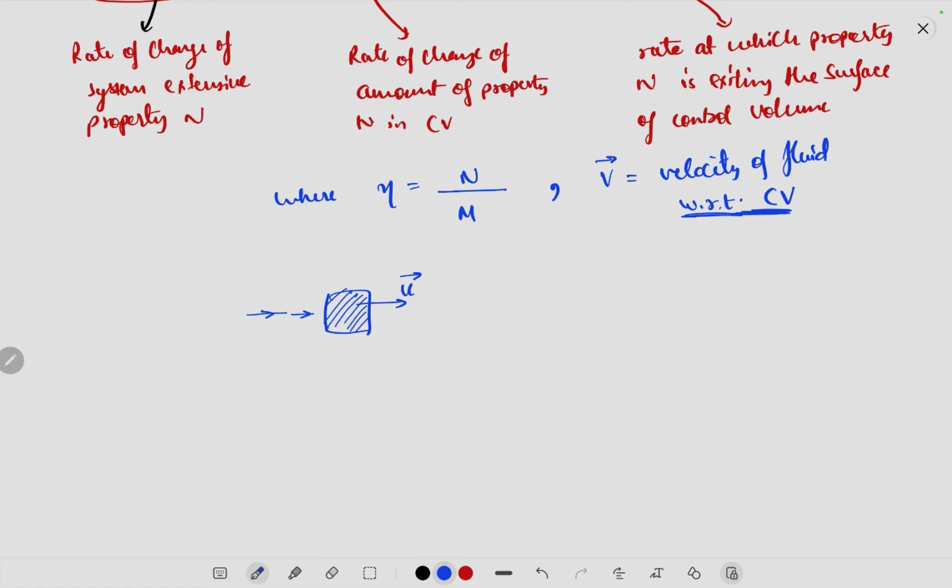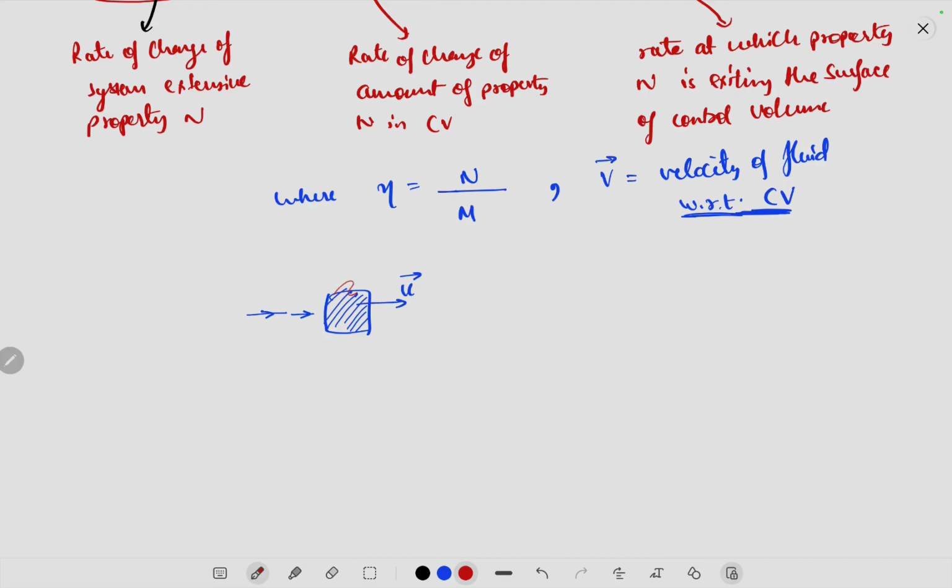Let's say you are given a question with some known things: what would be this u vector, or what is the force that this jet would apply on this cube, given it is moving with constant velocity u vector.